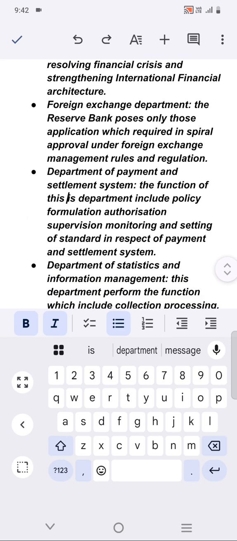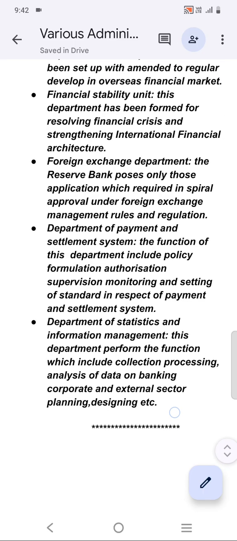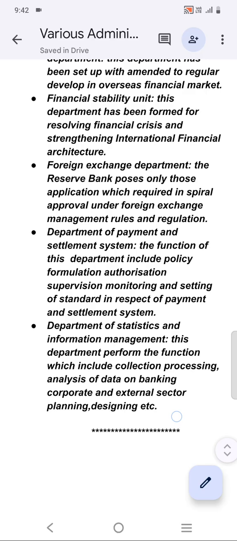The function of this department includes policy formulation, authorization, supervision, monitoring and setting of standards in respect of payment and settlement systems.